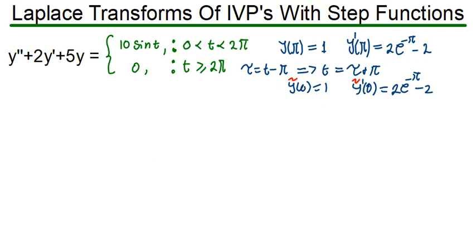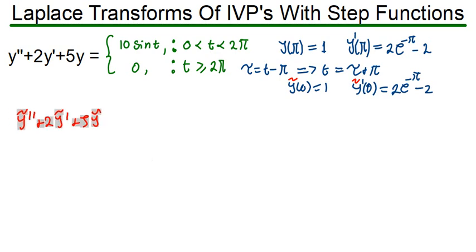That is just for the sole purpose of not confusing things when you start bringing back the substitutions. So even here, if I'm using y tilde for this part, y tilde prime for that part, here I'm going to have y tilde prime prime plus 2y tilde prime plus 5y tilde, like that. Remember I'm looking for the Laplace transform of this one here.